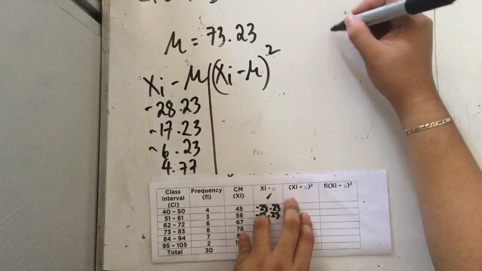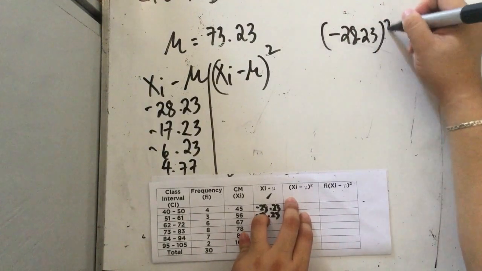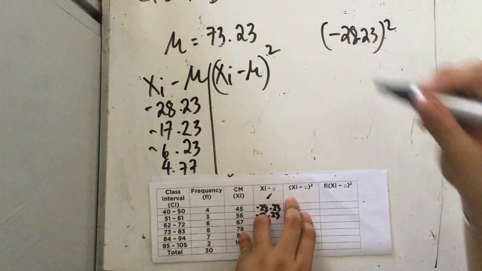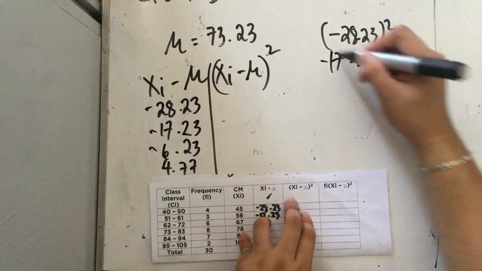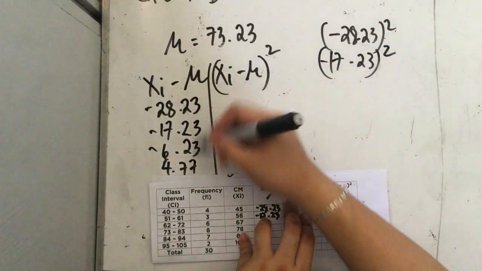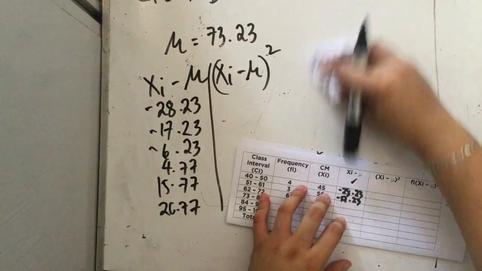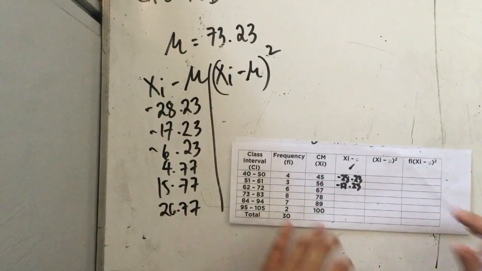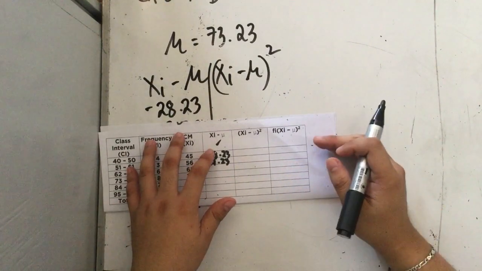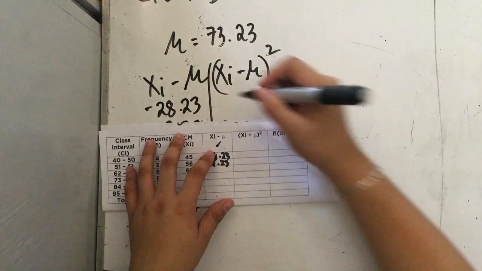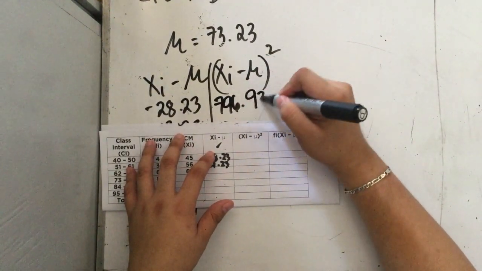Okay, so we have negative 28.23 square. Okay, then we have negative 17.23 square, and so on doon sa ating given na x sub I minus mean. So kapag in-square natin si negative 28.23, we have 796.93.